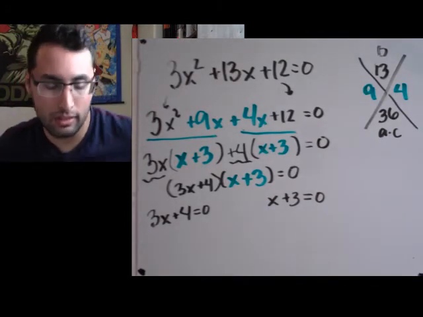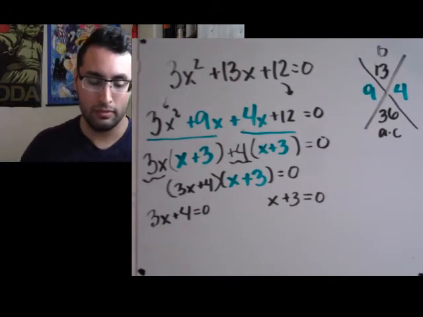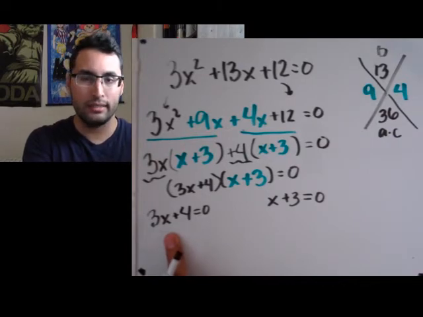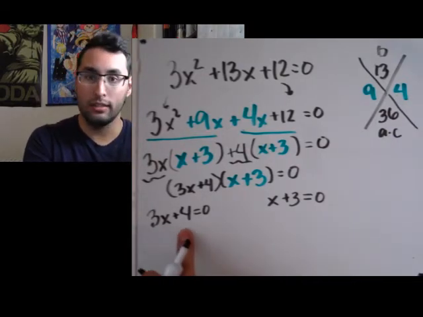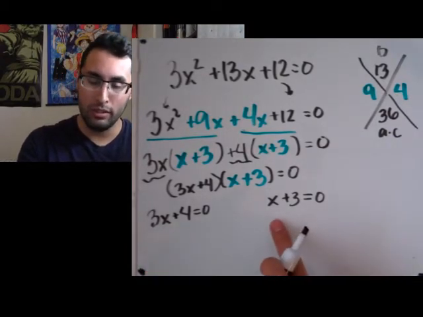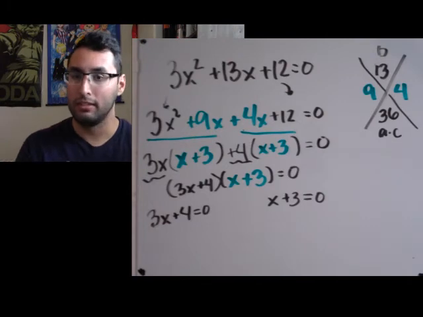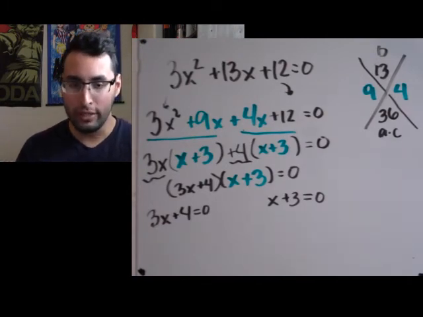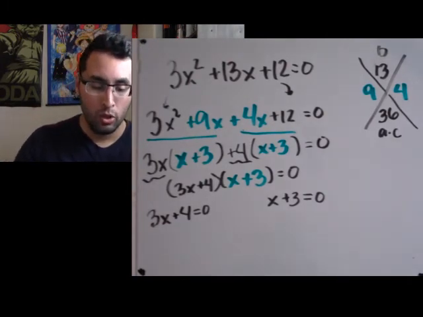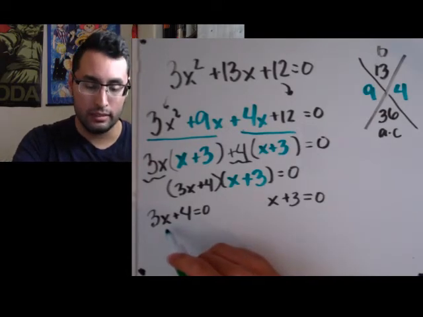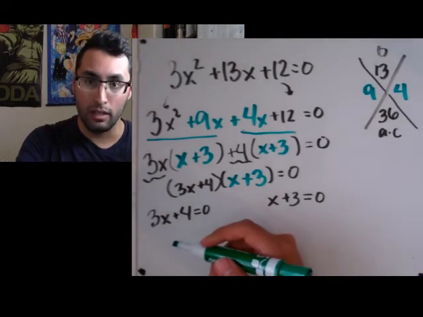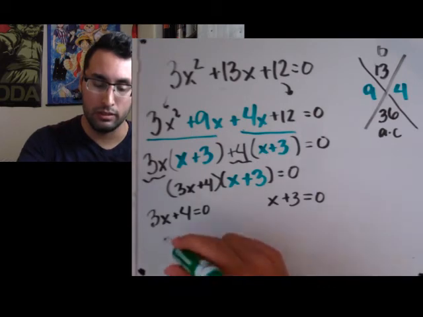Well, you're just solving for x in this case, so I'm really asking myself, what do I put into x that if I multiply by 3, add to 4 gives me 0? And what do I put in for x that when I add it to 3, it equals 0? So you can maybe intuitively think that way, or we can use inverses here to get rid of it. So over here, if I want to solve for x, let's get rid of the furthest thing from it, which is this positive 4.